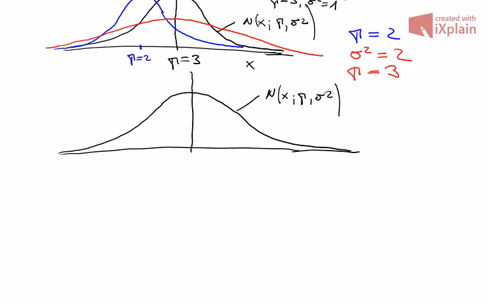How it exactly looks depends on the values of mu and sigma squared, but the intuition that you can get from that is, if you would take samples, so you have a random number generator and you want to take samples, and let's say mu equals 3. And I say here we have, let's say 4, 3, here we have 2, here we have 1, and here we have 5.